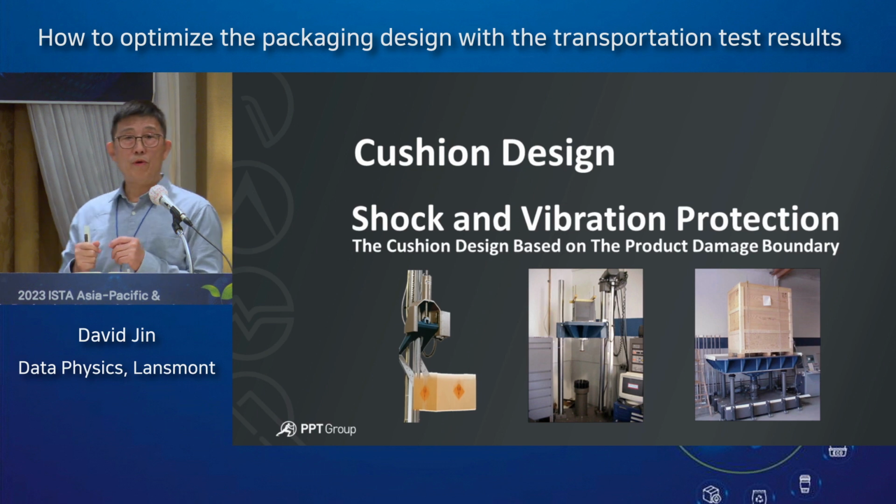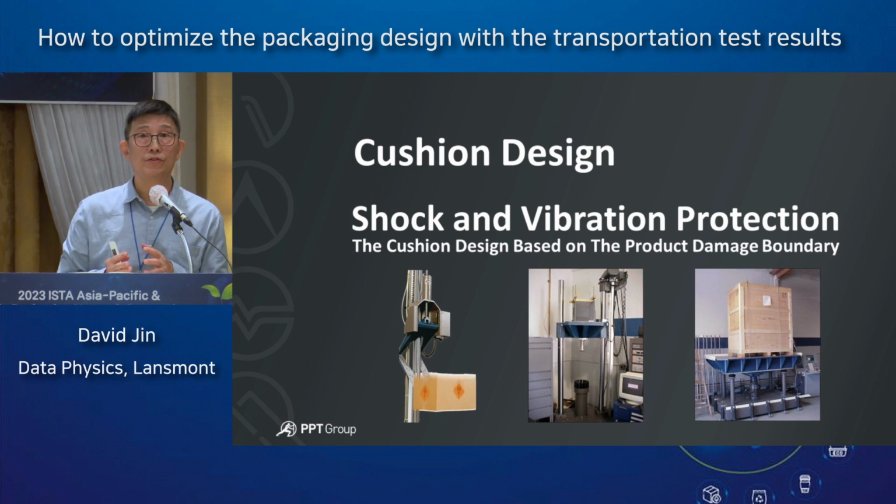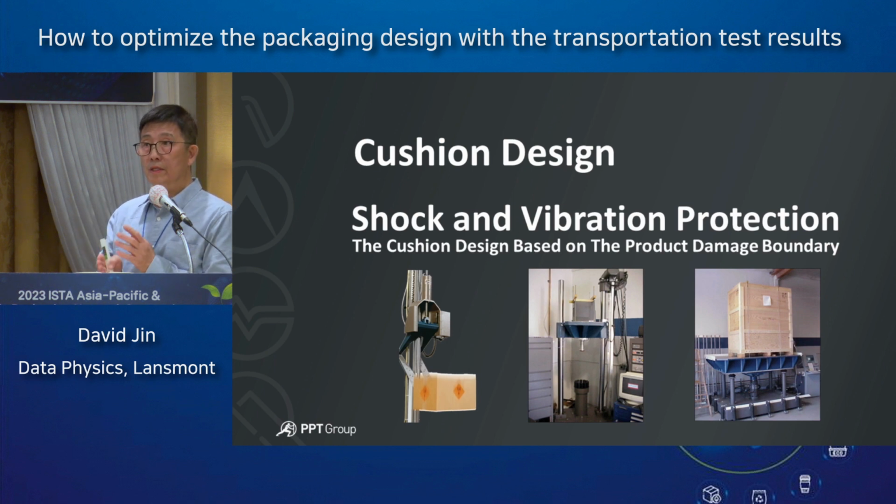For the 0.54 GRMS vibration failure, you also think about vibration transmission, because the cushion materials can generate more amplitude of your product, beyond the vibration levels it can bear. So this is also another problem. We think about these 2 directions.